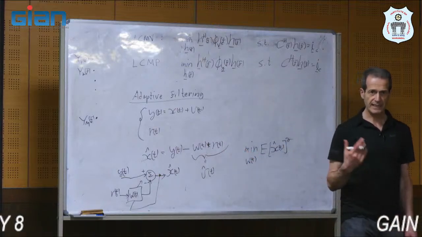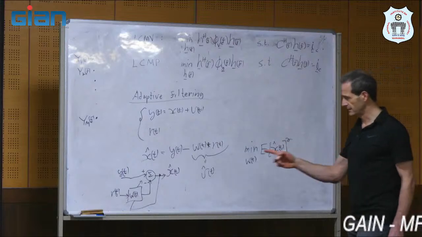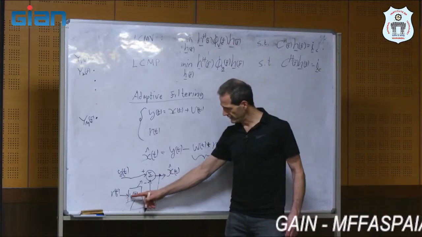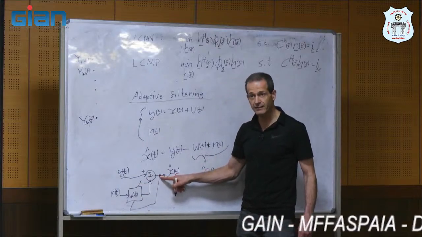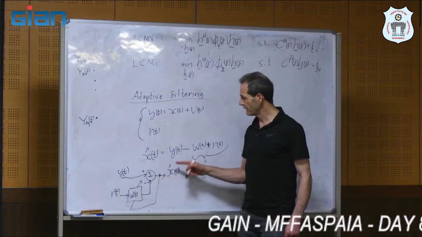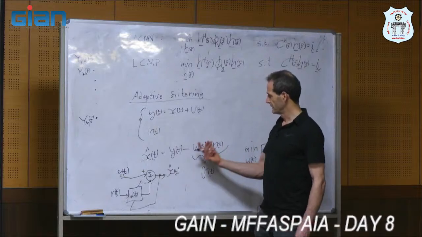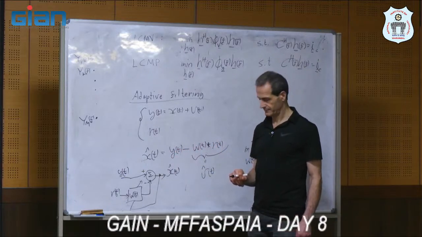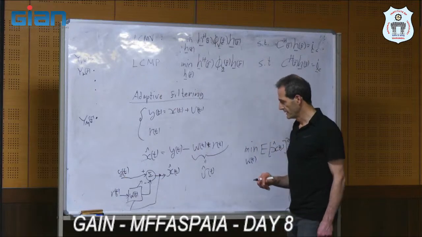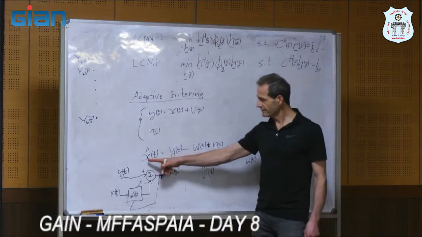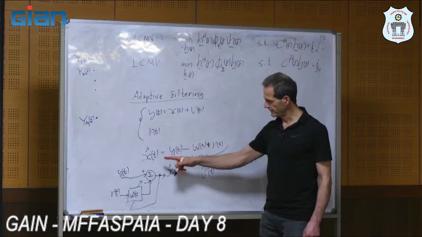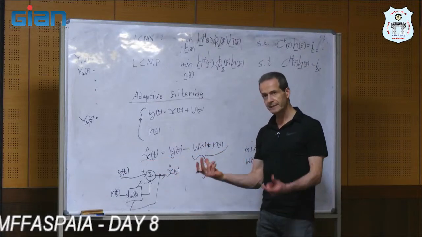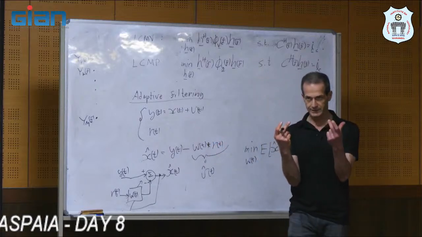But because it's uncorrelated with the desired signal, it means that the only way to minimize the power here is by minimizing the residual noise. Okay? Because the power at the output contains the power of two components.